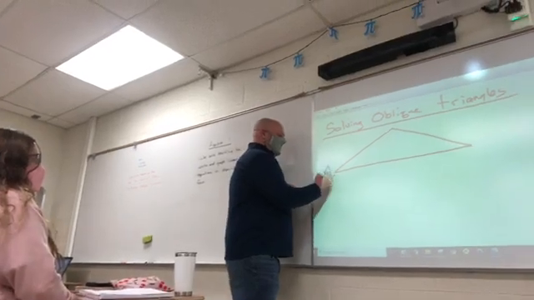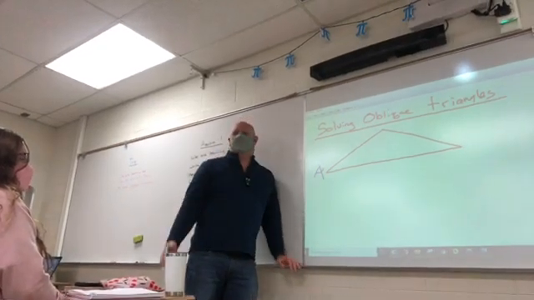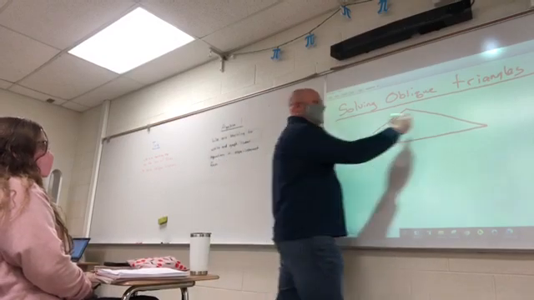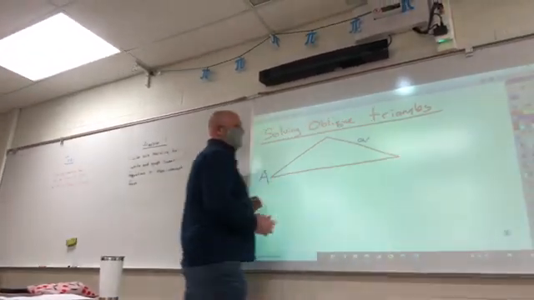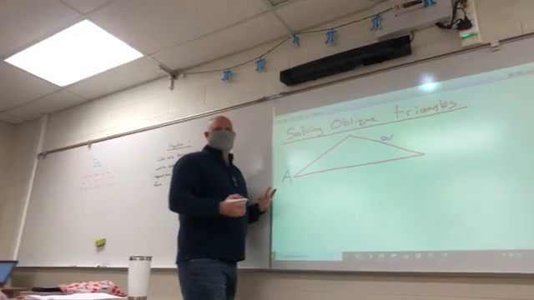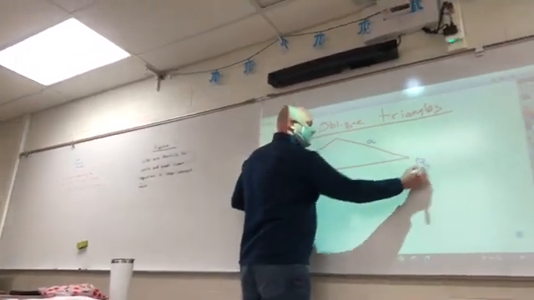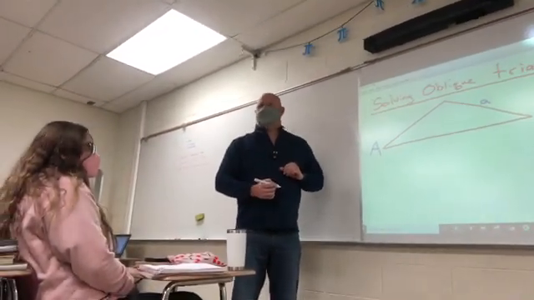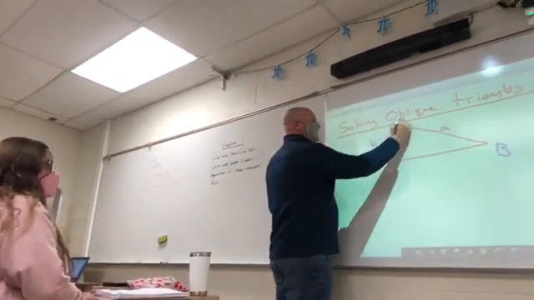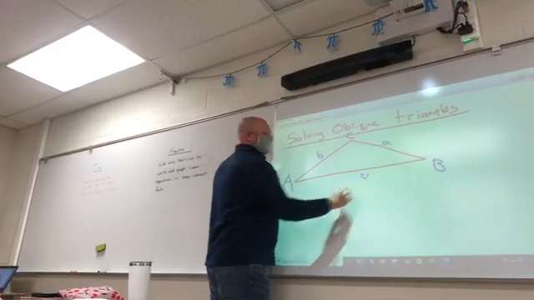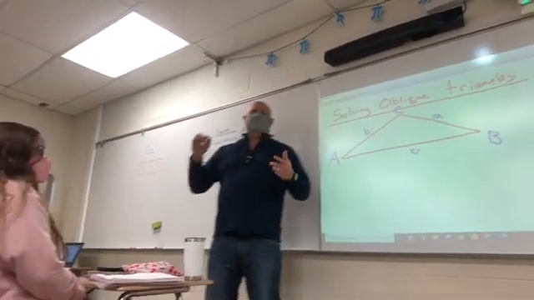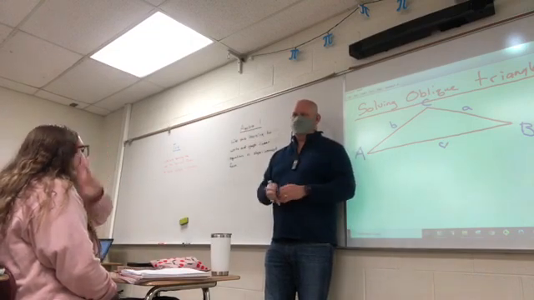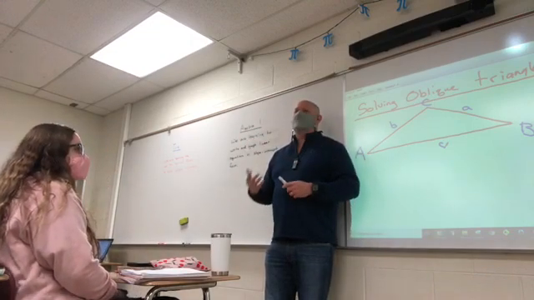Let's say this is angle A, which means side A is going to be opposite of it, so we'll put little a there. Does it really matter where B goes? No, let's put B over here, which means side B is over there. And if this is angle C, this is little c. There's nothing that says A has to be the biggest, or B, or C. We're just naming angles.